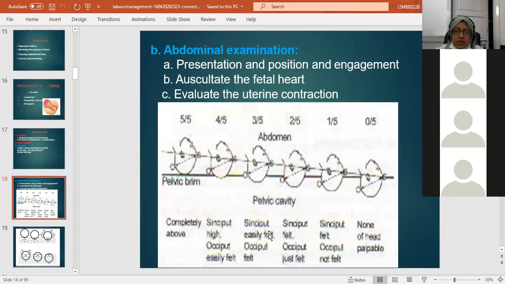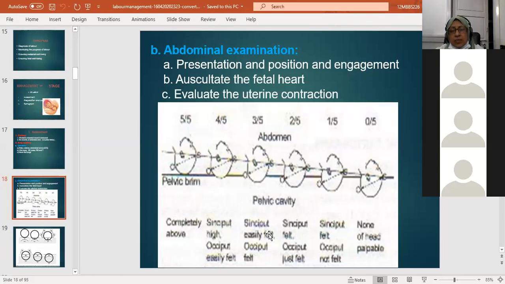Either it is at the xiphisternum or below the xiphisternum, and we measure the height of the fundus with a measuring tape, from the upper border of the pubic symphysis up to the xiphisternum. One centimeter is equal to 1 week. By this we assess how many weeks of gestation it is.